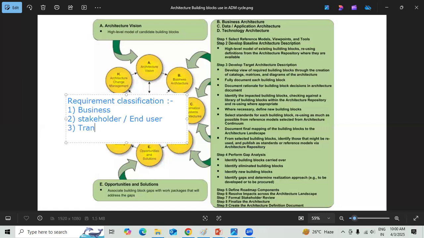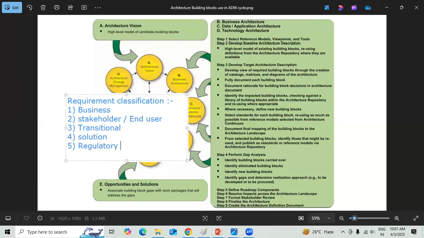Third is transitional requirements. Fourth is solution requirements. Fifth is regulatory requirements. These are the different requirements that we need to classify as far as requirement management is concerned.